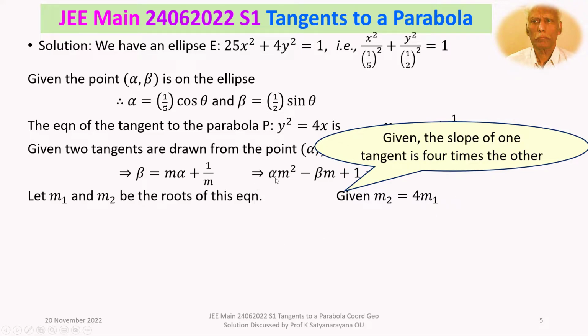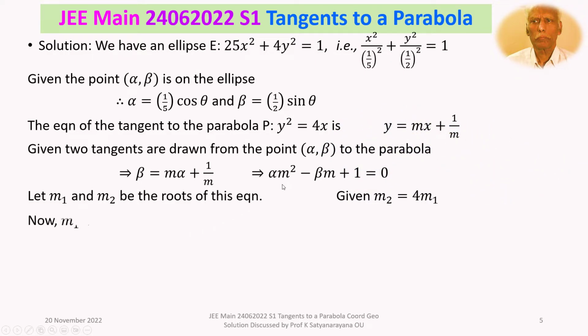Now, for this quadratic equation, m1, m2 are roots, therefore m1 plus m2 is equal to minus the coefficient of m by the leading coefficient, that is beta by alpha, and the product of the roots m1 m2 is equal to the constant term by the leading coefficient, that is 1 by alpha.